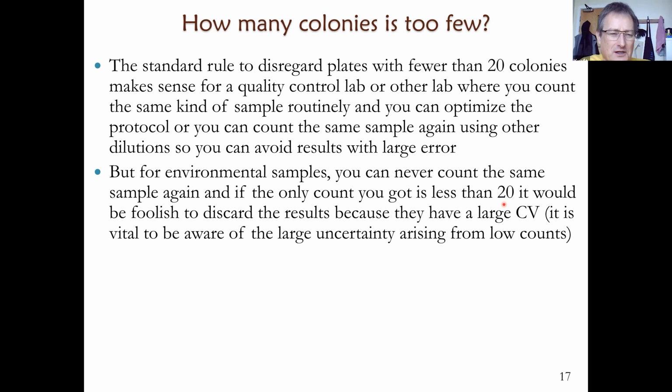The rule of disregarding plates with fewer than 20 colonies should not be confused with the limit of detection, which is obviously just a single colony. If you have no colony at all on any of your plates, and you've plated out a certain volume, you can report that the count is below the count you would get if there were a single colony on all those plates.